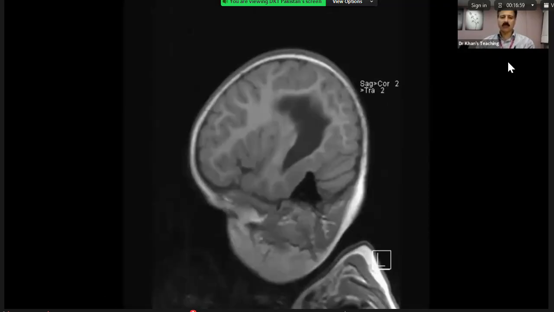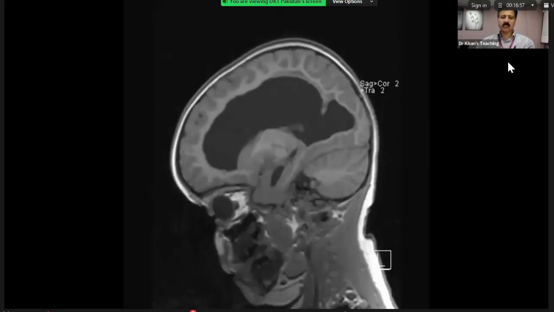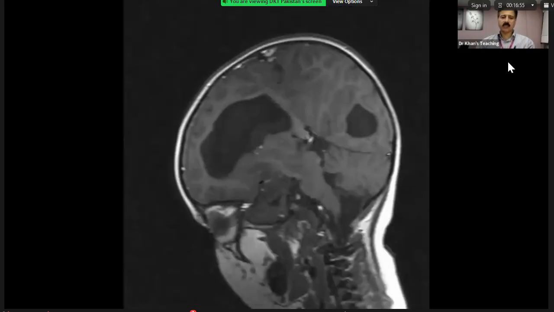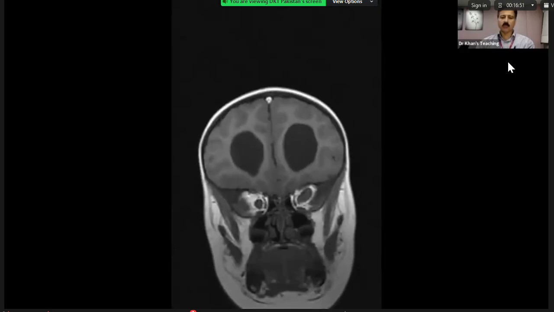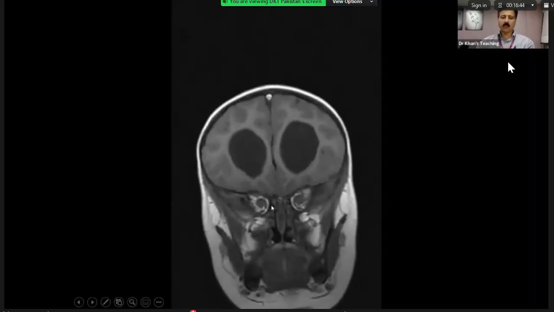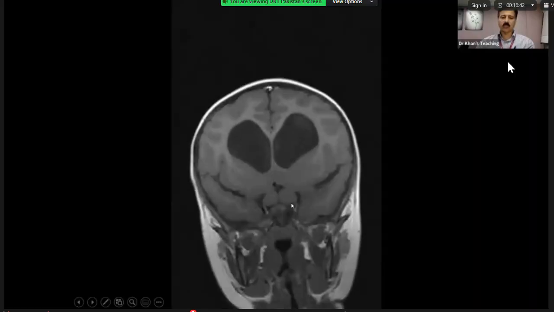So what is happening? Now, this is sagittal. I'm going to skip this intentionally and show you a coronal. Look at this optic nerve versus this optic nerve. Both of them are so thickened, and this is the optic chiasma.